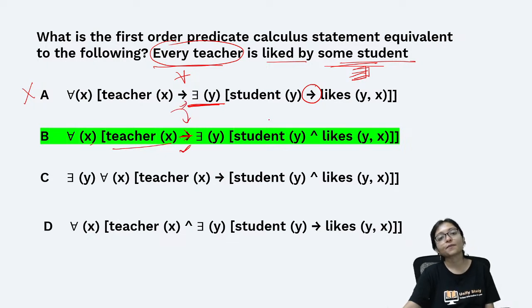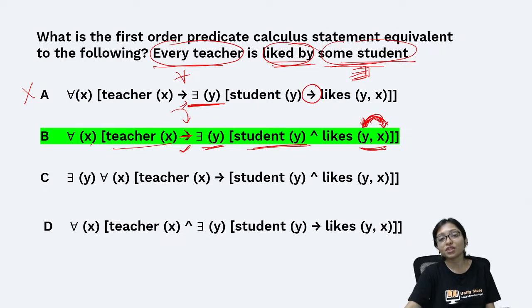There exists some student y, liked by some student. How to represent liked by? That is yx, where y is the student and x is the teacher, liked by the student.